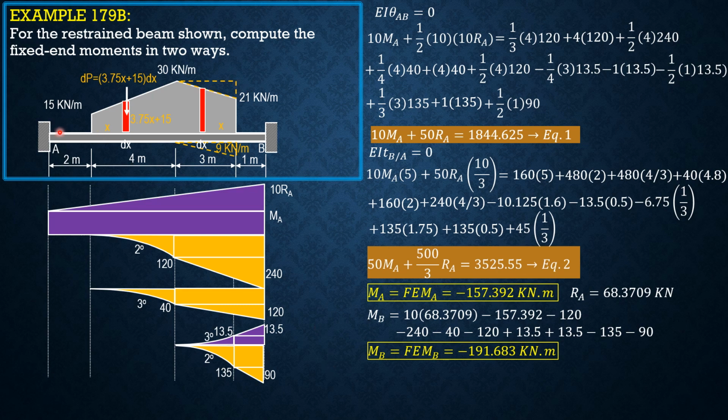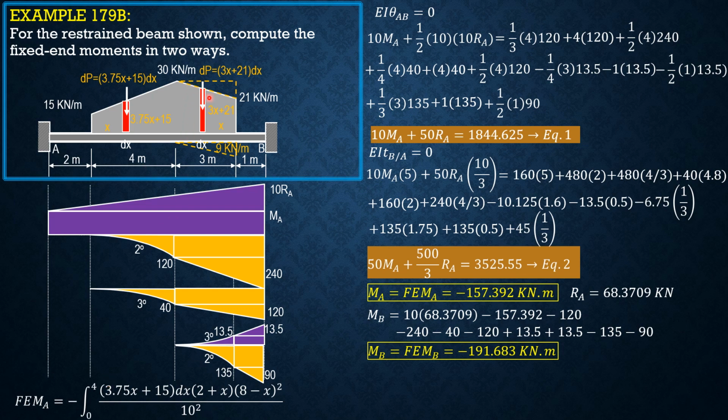Fixed moment A, therefore, is negative integral of quantity 3.75x plus 15. a is 2 plus x. b is 8 minus x. 8 minus x squared over 10 squared. So negative integral from 0 to 4, 3.75x plus 15 dx, 2 plus x times 8 minus x squared all over 10 squared, from 0 to 4.